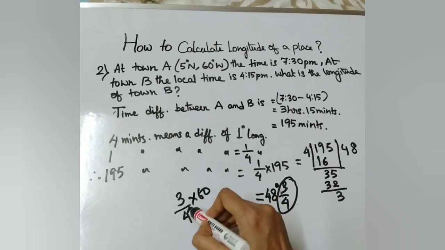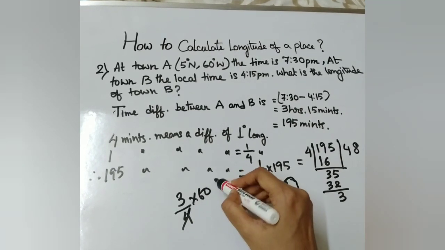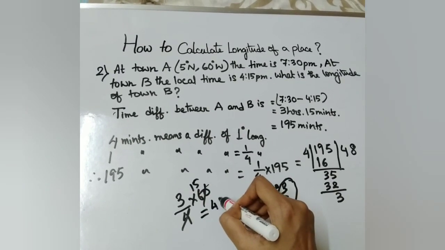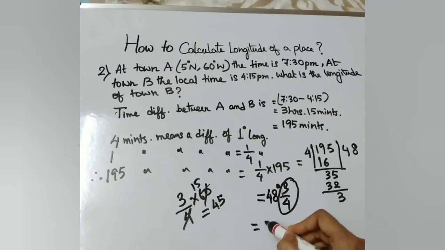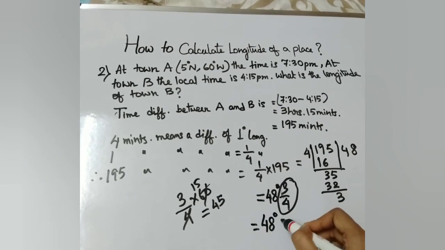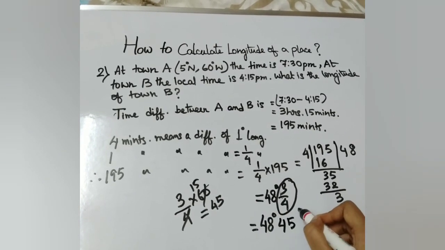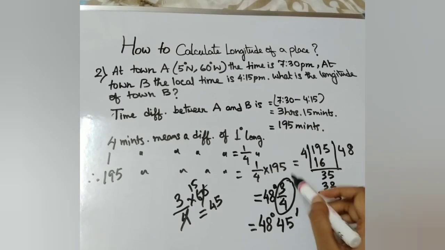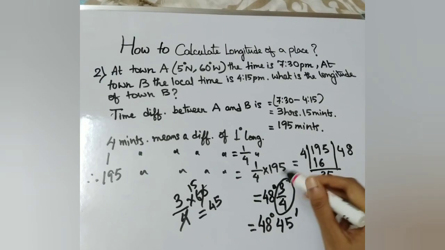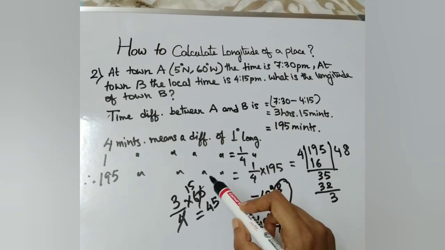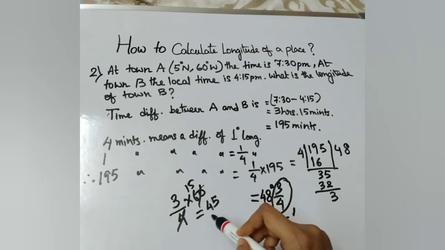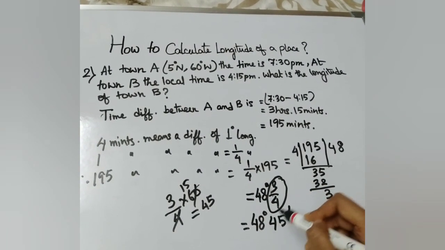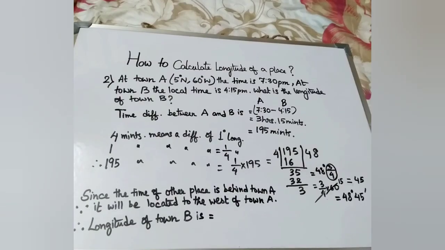Multiply by 60, we will get 15 3s are 45. So our answer is 48 degree 45 minute. To convert the fractional number into minutes, we have to multiply it by 60 and we will get the answer in the minute form. So the total longitude is 48 degree 45 minute.